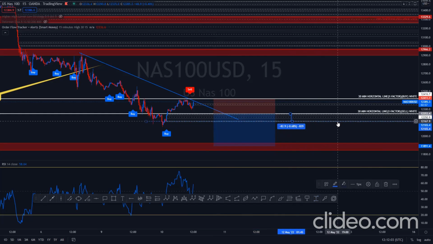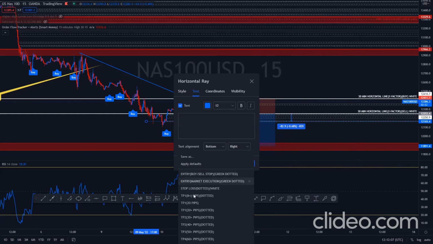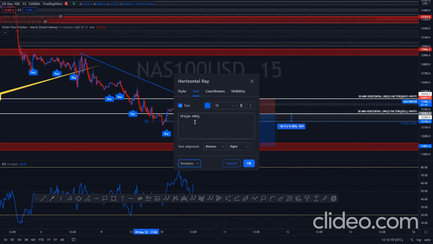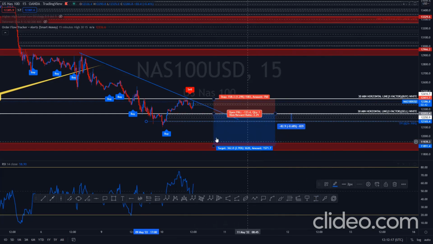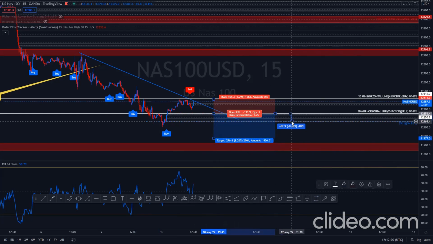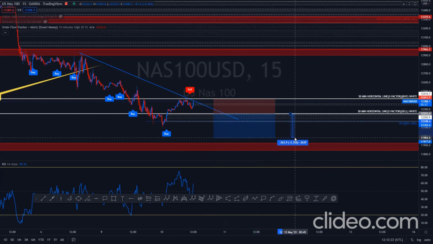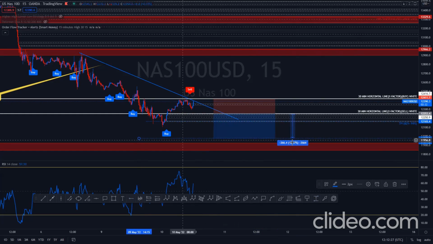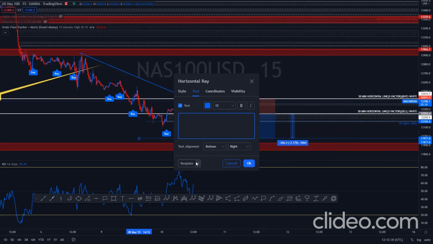So this is a good first take profit here, TP1, which is going to be 829 plus pips. And then down here, this will be TP2, $2,600 plus pips.